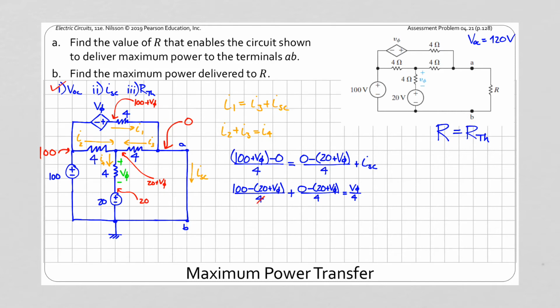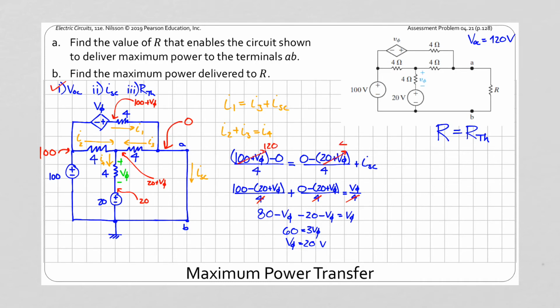Down here, I can multiply through by 4 to cancel everything out. And if I simplify, I can find an expression for V phi, and now I can plug that in up here. This is going to be 120 when I plug in 20 for V phi.